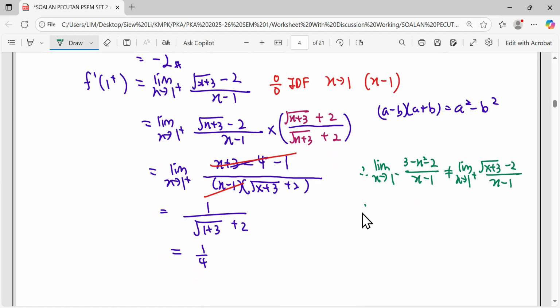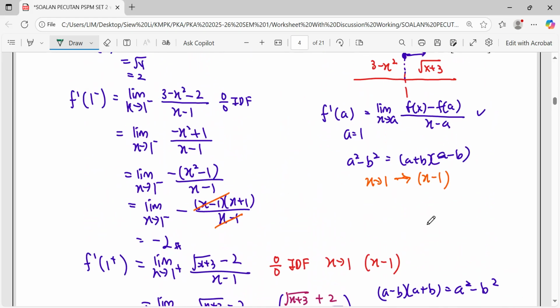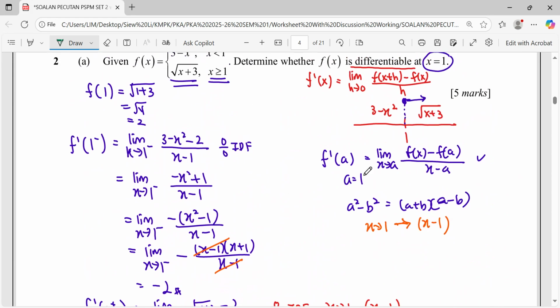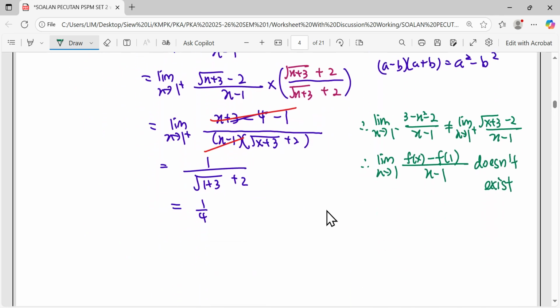When these are not the same, we can conclude that the limit as x approaches 1 of (f(x) minus the point) over x minus 1 does not exist. When this first principle for differentiability at a point does not exist, then we can answer the question. Is this function differentiable? No. When the limit does not exist, therefore this function is not differentiable at x equals to 1.